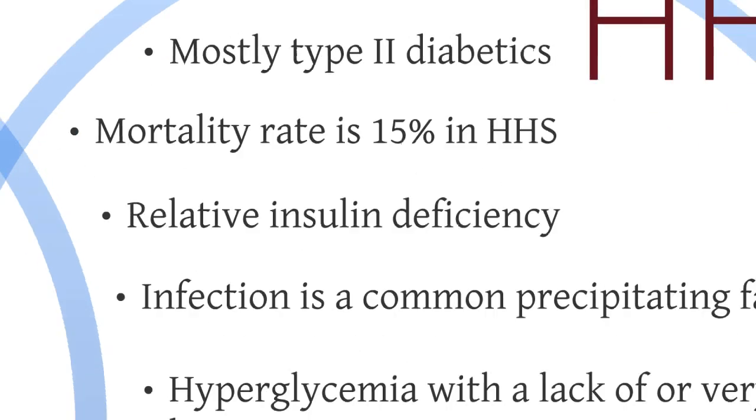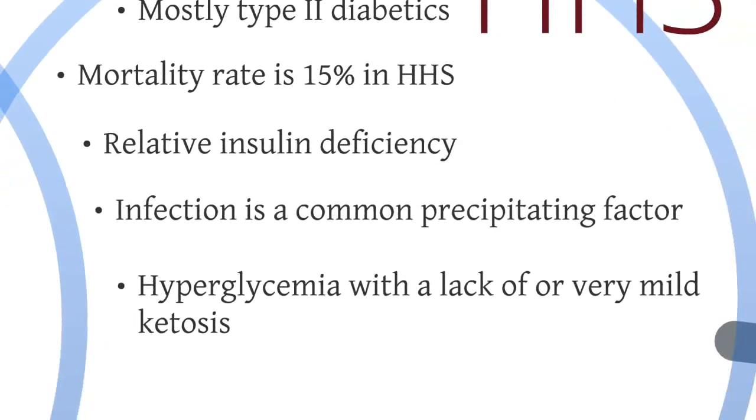The key triggering event or feature of HHS is that there's a relative insulin deficiency, meaning that the insulin produced by the body is not enough to compensate for the insulin resistance present. Infection tends to be the most common precipitating factor, very similar to the precipitating factor for DKA.